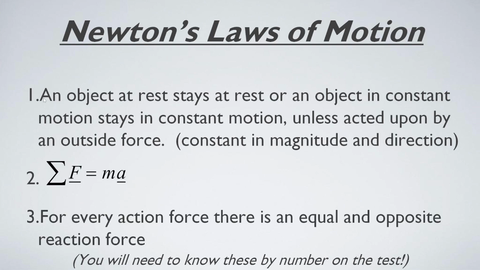Law number 1, law of inertia, says that an object at rest stays at rest, and an object in constant motion stays in constant motion unless acted upon by an outside force. The law of inertia, we talked about equilibrium states. The second law, the one that we're focusing on right now, says net force equals mass times acceleration. And law 3, for every action force, there is an equal and opposite reaction force.